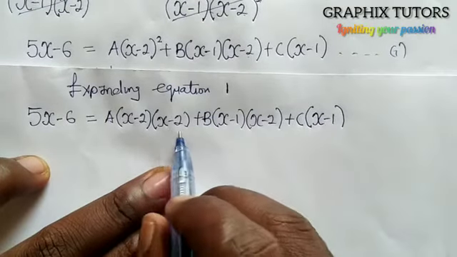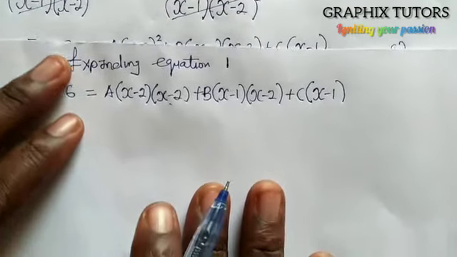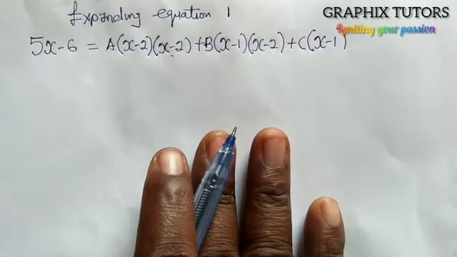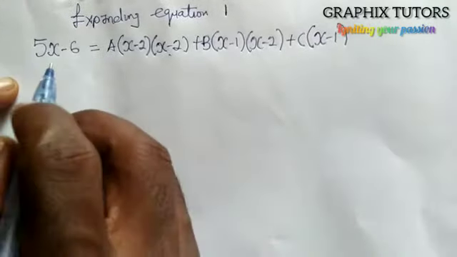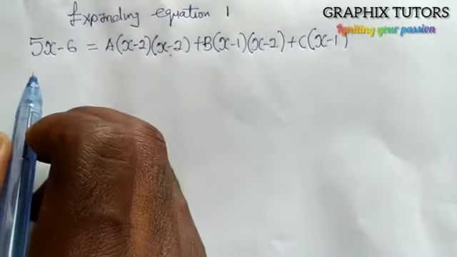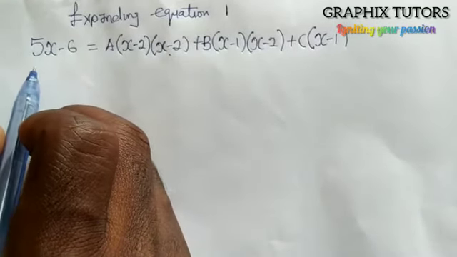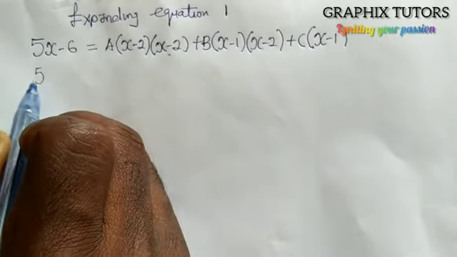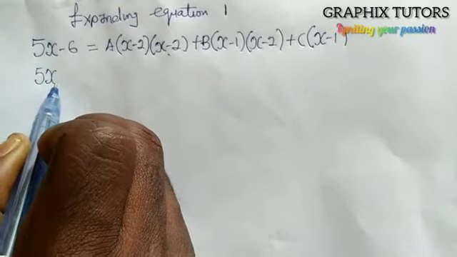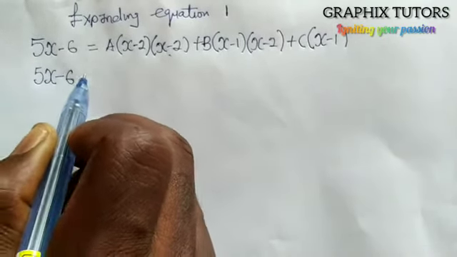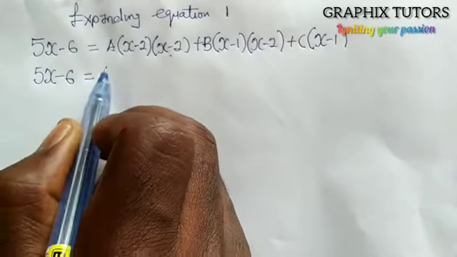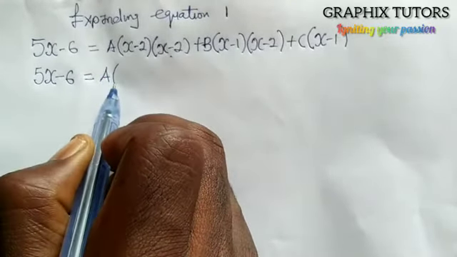So we want to expand it. So in expanding it, we'll be having something like this: 5x minus 6 is equal to, let's leave this a here first, and let's start with this.